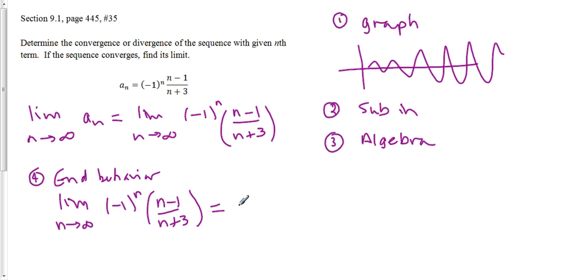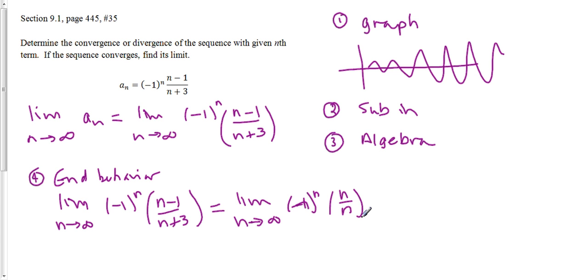And we do have two polynomials, n - 1 and n + 3. And each of them is going to behave like n, because that is the term with the highest order in each polynomial.